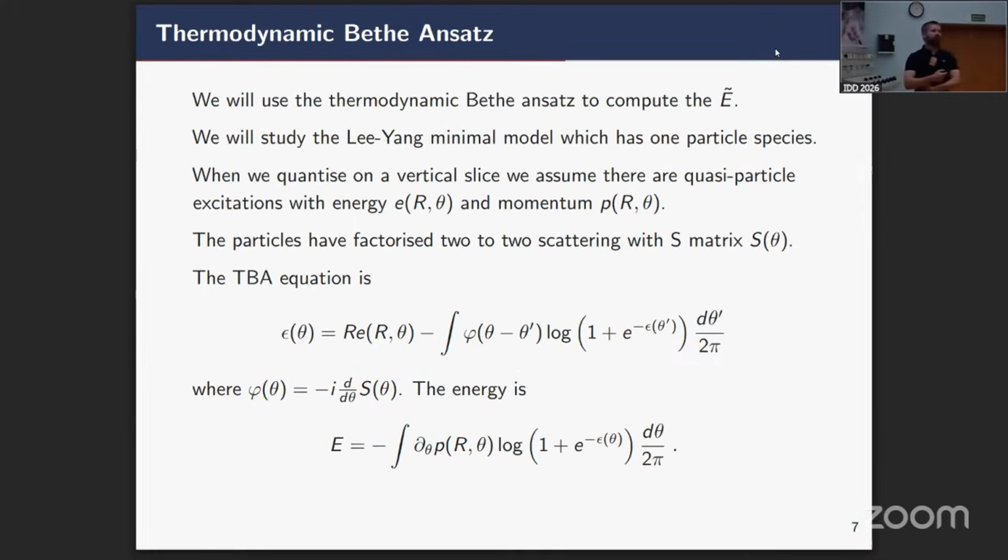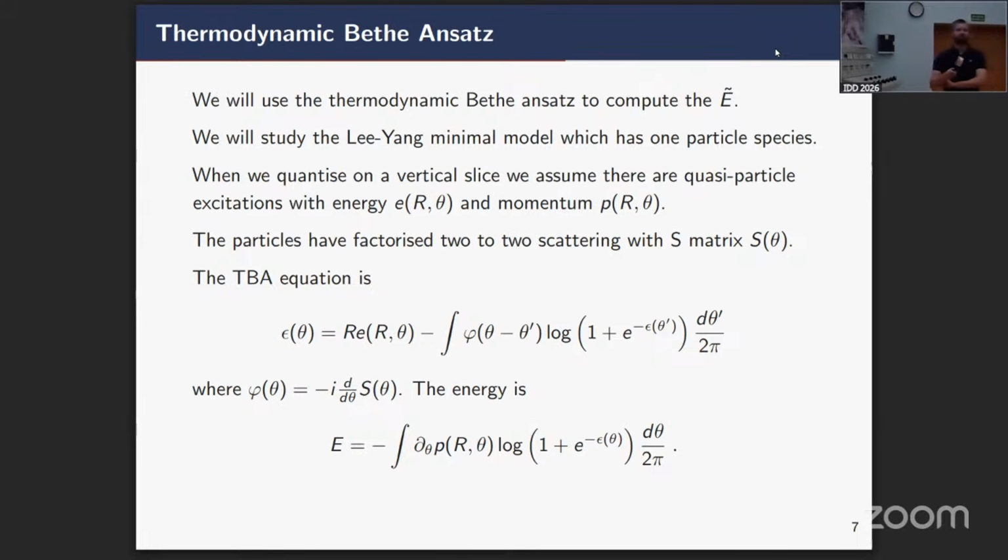Now, in order to try and solve this problem, I'm going to use the thermodynamic Bethe ansatz. So the thermodynamic Bethe ansatz is a nonlinear integral equation where the driving term has these pseudo energies E that depend on a rapidity for the quasi-particles, theta. So I want to solve this nonlinear integral equation, which has a kernel that's related to the scattering matrix of the theory.